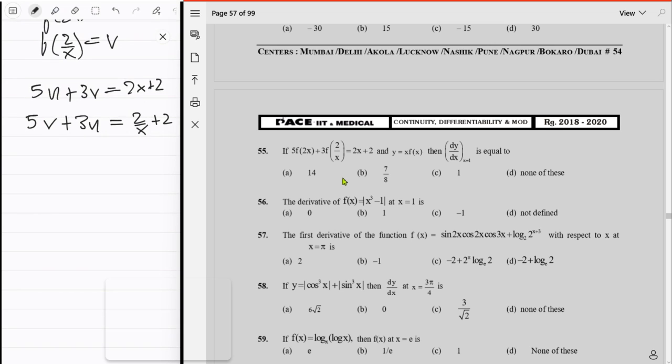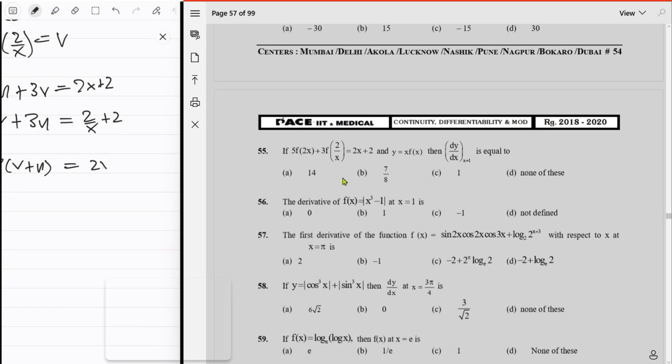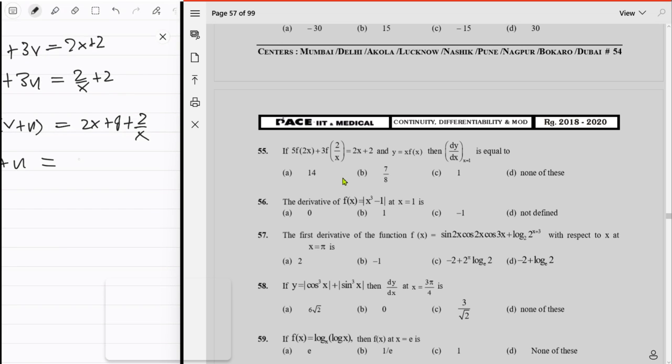So just add them first of all. You will get 8v plus 8u is equal to 2x plus 4 plus 2 upon x. Which means that v plus u is equal to x upon 4 plus 1 upon 2 plus 1 upon 4x.